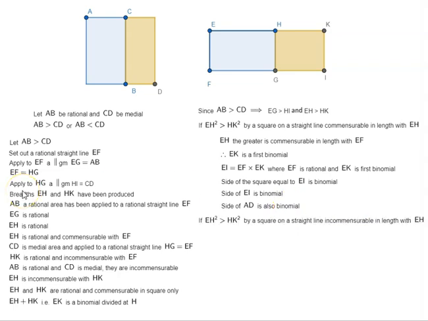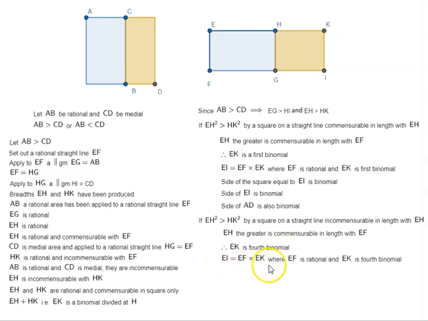Now, if EH square is greater than HK square by a square on a straight line incommensurable in length with EH, and EH, the greater, is commensurable in length with EF, then we can say that EK is a fourth binomial, and EI, which is EF by EK, where EF is rational and EK is a fourth binomial, the side of the area EI is a major.